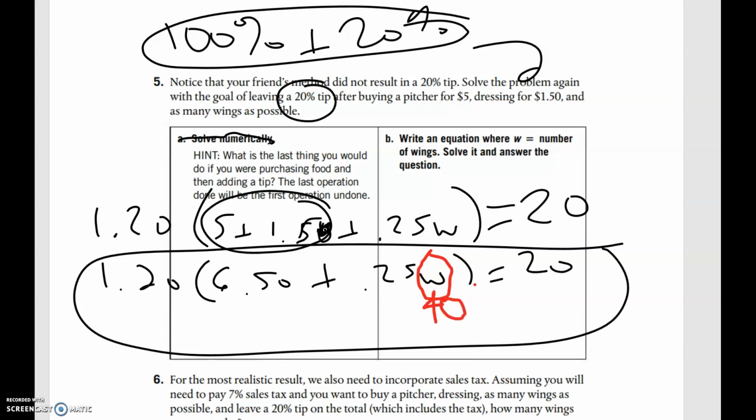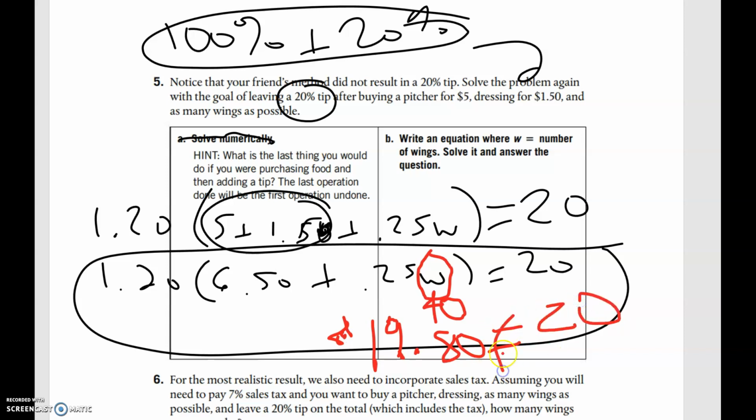So you can take 1.2 times parentheses, $6.50 plus 25 cents times we ordered 40, end of parentheses, and then we get what? On this side we get 19.80, or 0.8, sorry, or $19.80 if we're thinking of money, compared to 20.